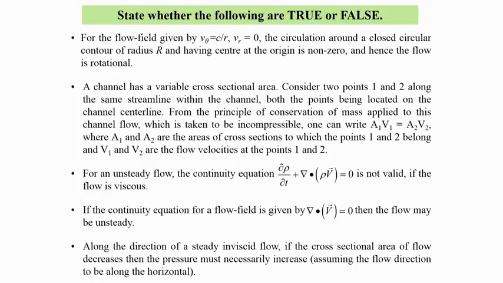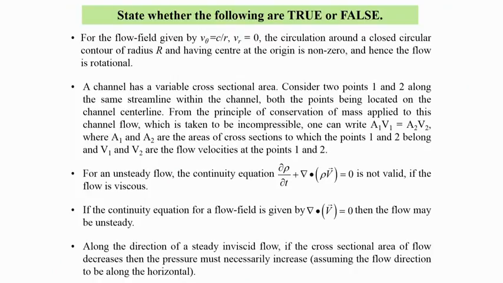So, if you can write for this A1 V1 is equal to A2 V2, where A1 and A2 are the areas of cross section to which the points 1 and 2 belong, and V1 and V2 are flow velocities at points 1 and 2.